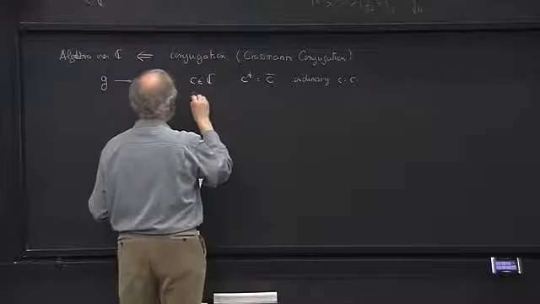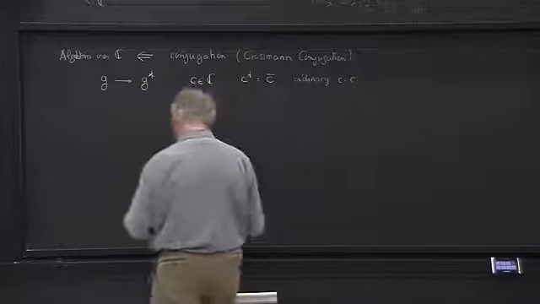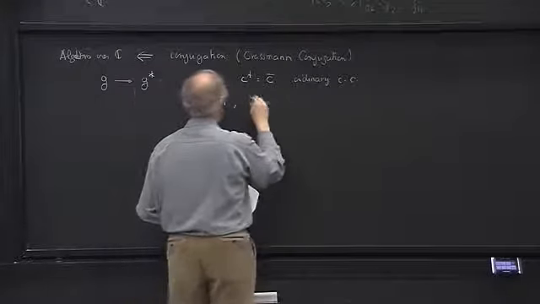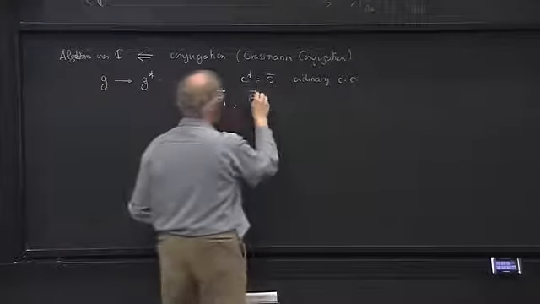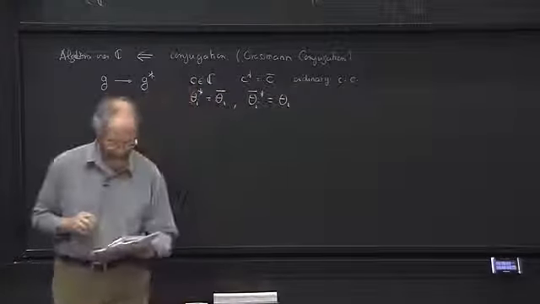For theta i, so just the generators, theta i star will be equal to theta bar i, and theta bar i star will be theta i.